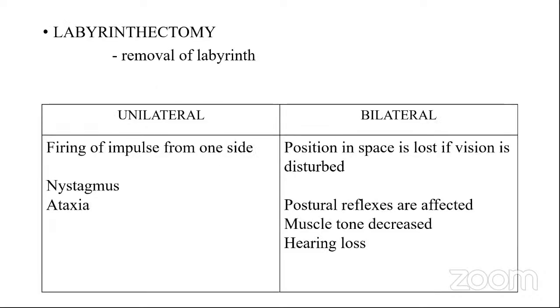The labyrinthectomy means removal of labyrinth. In unilateral labyrinthectomy, there is firing of impulses from one side only, so it will produce nystagmus and ataxia. In the case of bilateral labyrinthectomy, positioning in space is lost if vision is disturbed.